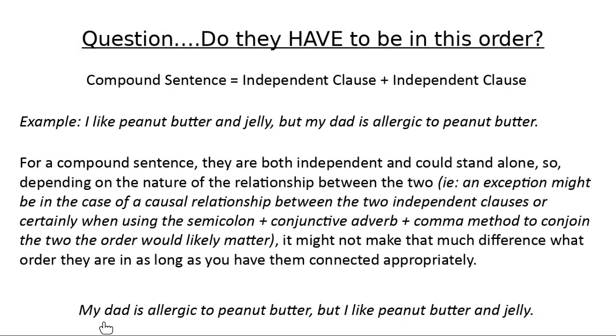It would look like this. My dad is allergic to peanut butter, but I like peanut butter and jelly. See, that still makes sense. So as far as a compound sentence goes, the order in which you put them could in several cases be switched around.